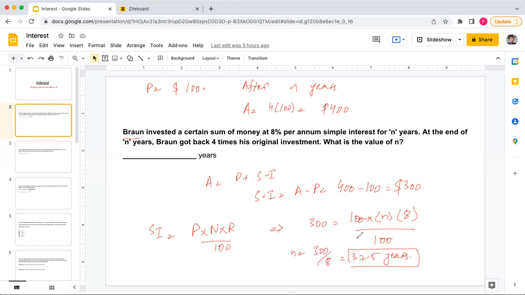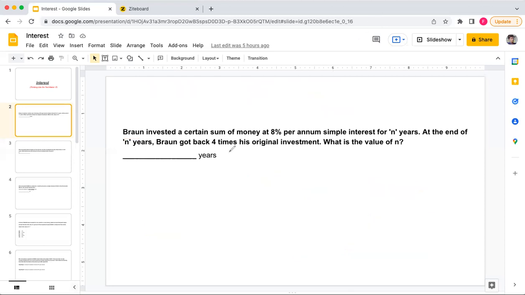Now just use the formula. I told you the formula that whenever the final value becomes X times the initial investment, we use R n is equal to (X minus 1) into 100. Here R is equal to 8%, n is what we are asked to find, and X is 4.